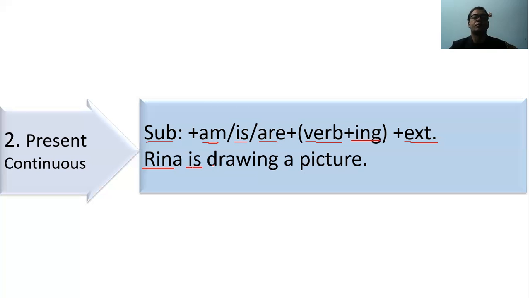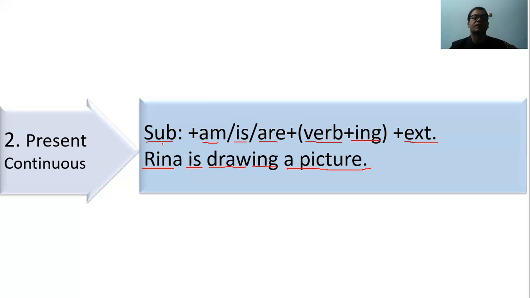Then you have to use the base form. Base form means draw. Draw is a base form. Then you have to use here ing. That means drawing. Then you have to use an object or extension.